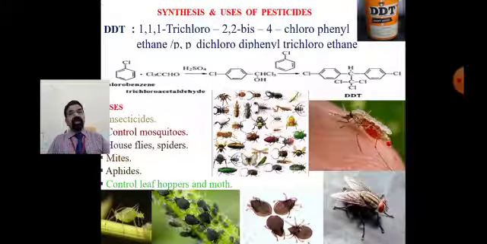Aphids are plant-sucking insects, called mava in Marathi, which spread in the farmer's crop fields. It also controls leaf hoppers and moths. Students, you can see the pictures on the slides carefully and easily remember and understand the synthesis and uses of DDT shown in these slides.